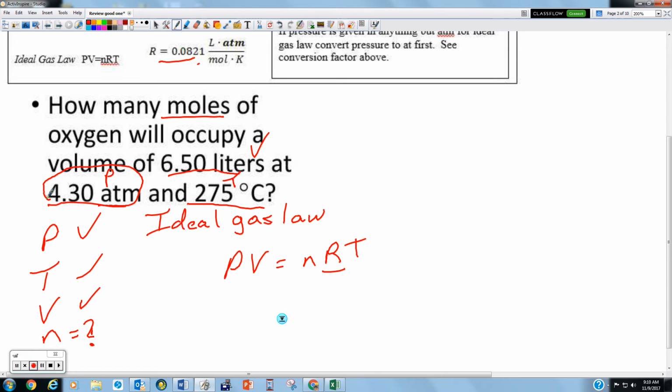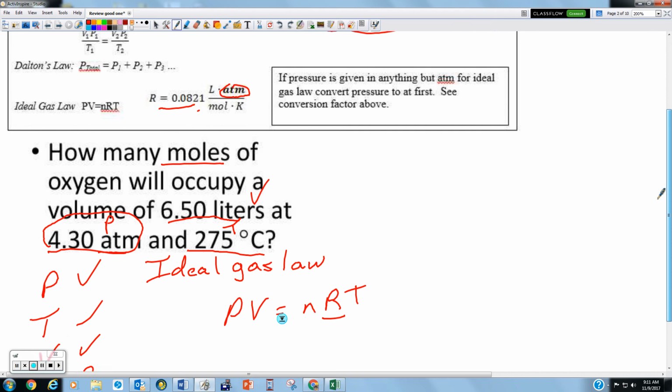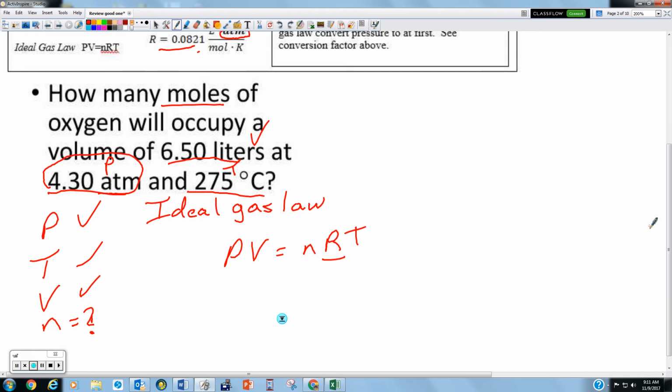In some of the problems on the test, I'm going to give you a pressure in torr, but I'm only giving you this one, which is in atmospheres. So if I had given it in torr, how would we convert from torr to atmospheres? Divide by 760. Notice that I am giving this information right here so that you can do your conversions. I just would prefer everything being in atmospheres. I like the numbers that you get with atmospheres a little bit better.